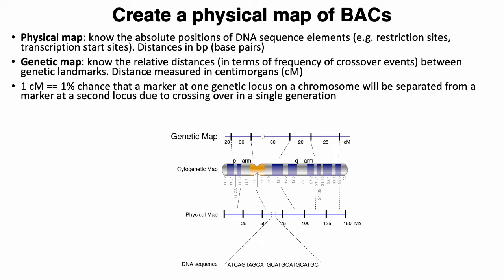By estimating the frequency of crossover events, you can determine how far apart two different genetic landmarks are. For the purposes of assembling BACs back into the original genome, it's the physical maps that you really need to know about.